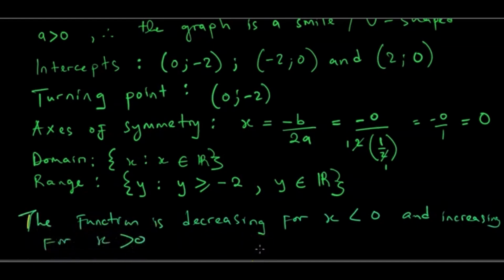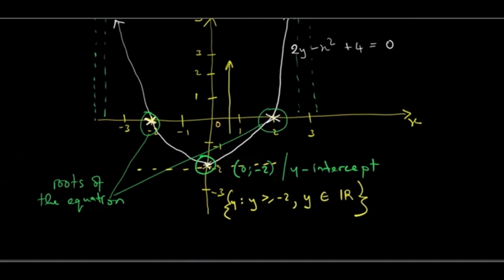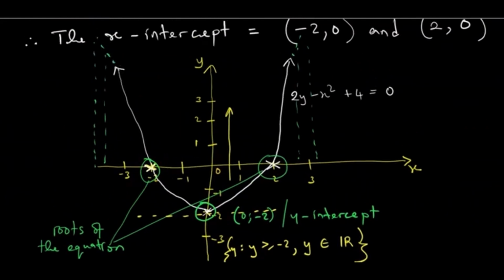So the nature depends on x. That's the first thing to know. And secondly, we are saying the function is decreasing for x is what? Less than 0. So x is less than 0 when x is negative.